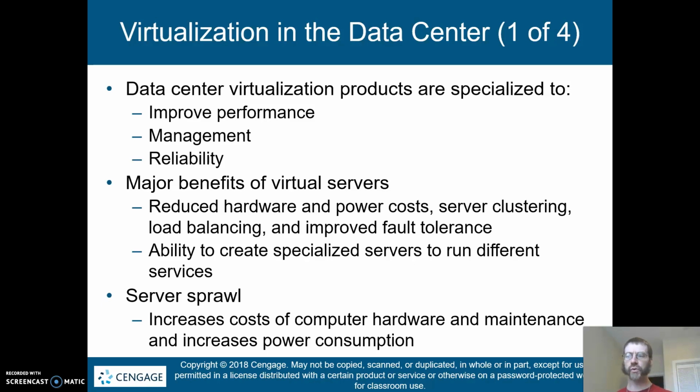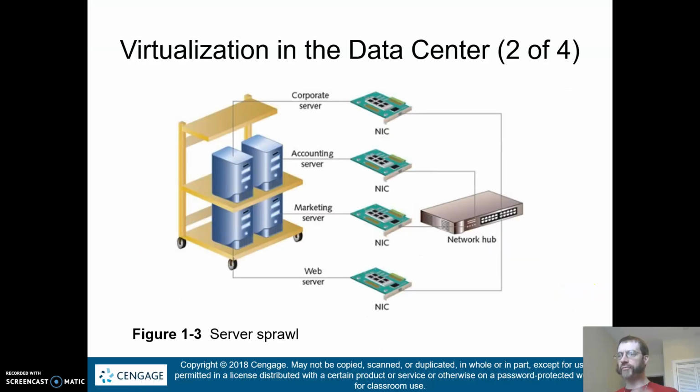Now, one of the things that we want to solve here is the concept of server sprawl. So server sprawl, if you can imagine, say for example, you have, now this is a sort of rack you might find in a very small data center, a data center that's more or less built out of server grade tower systems.